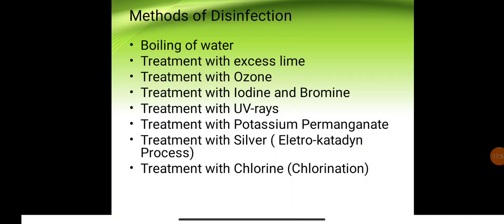Let me discuss the last treatment method. The most commonly and universally accepted disinfection method is treatment with chlorine, or chlorination. Chlorine is almost universally used for disinfecting public water supplies. It is cheap, reliable, easy to handle, and capable of providing residual disinfecting effects for long periods, thus affording complete protection against future contamination of water in the distribution system.